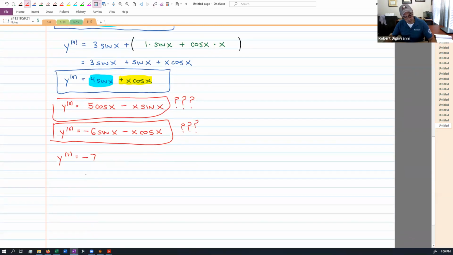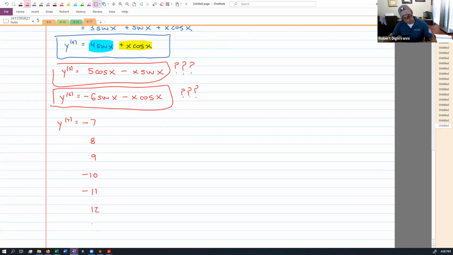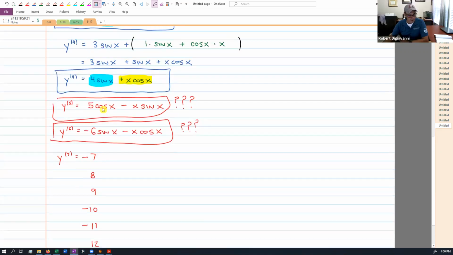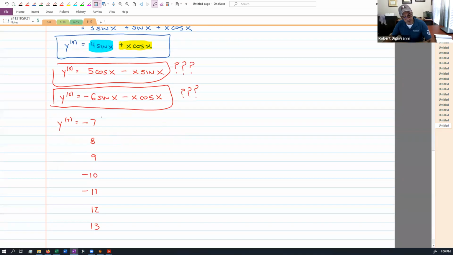If I keep doing this, the next ones would be 8, 9, negative 10, negative 11, 12, 13. Are you following what I'm doing here? And then these are just going to switch back and forth: cosine x, sine x, cosine x, sine x.